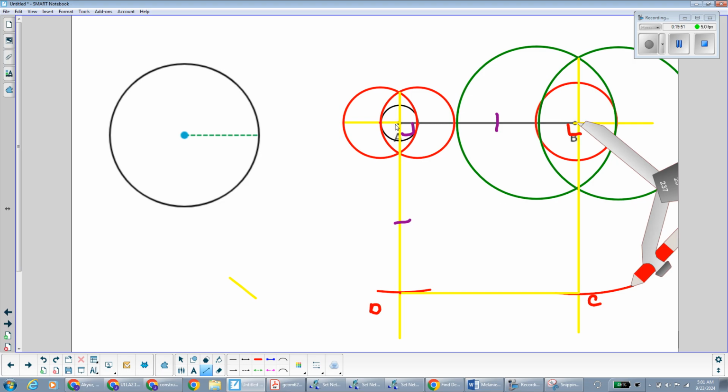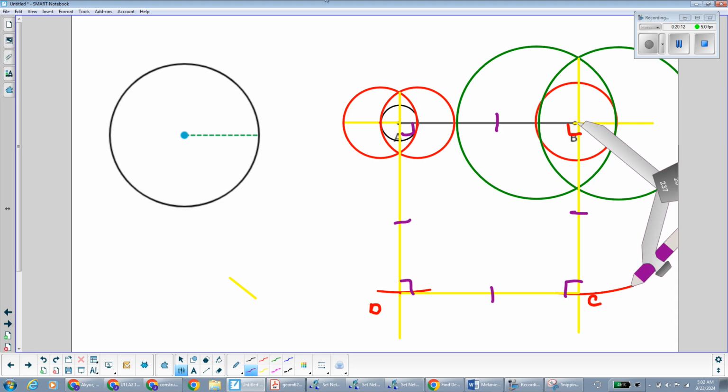And here, A, B, C, D is our square. We know that all the sides are equal because we made them the same length as AB, our starting line segment. And since we made perpendicular lines through the points, there are also right angles down here. So we have a square.